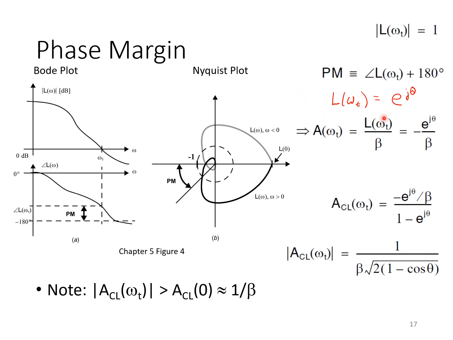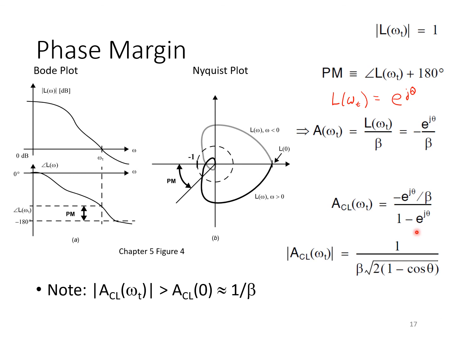So substituting this expression for L evaluated at the unity gain frequency into our expression for the closed loop response allows us to find the closed loop response at the unity gain frequency. Right? So we've substituted in our expression for L here and here.